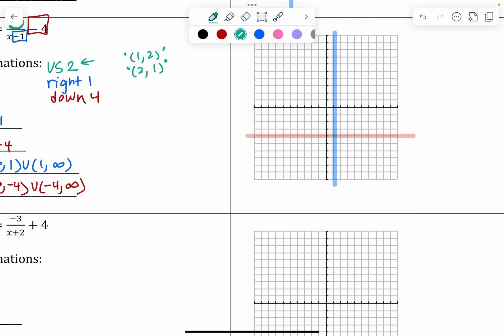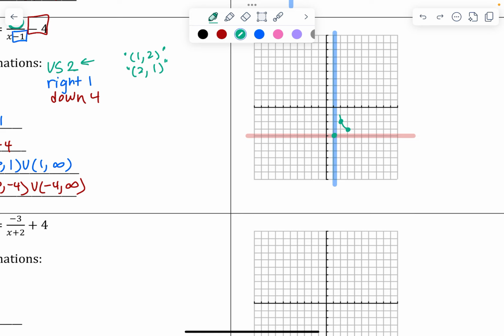Treating this as our new origin, we have a point at (1, 2), so 2 away from one of the asymptotes, and then a point at (2, 1). When one coordinate is 2, the other is 1. So those are how you get 2 points in each branch.